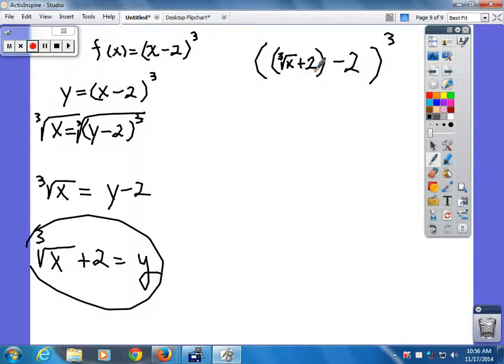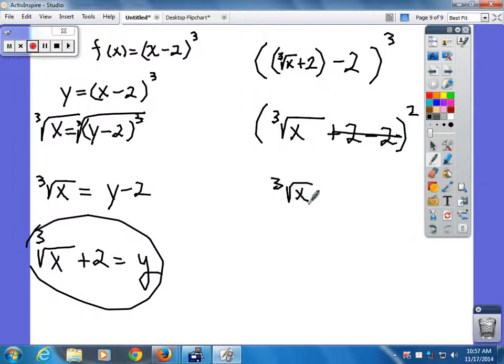Now we got a plain mess, but we really have the cube root of x plus 2 minus 2, and what happens to the 2's? And what's the cube of the cube root of x?